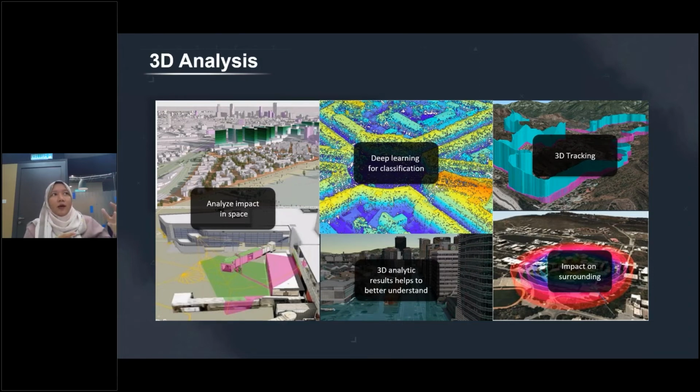So the 3D analysis capability inside ArcGIS Pro works with object detection for deep learning, and you can also do 3D tracking and see the impact on the surroundings. Okay, you can see what things are related to your focus point. And you can also do 3D analytic results, which help to give a better understanding.